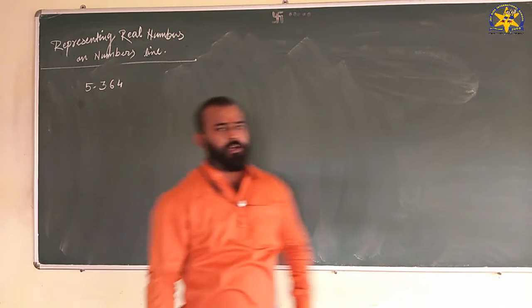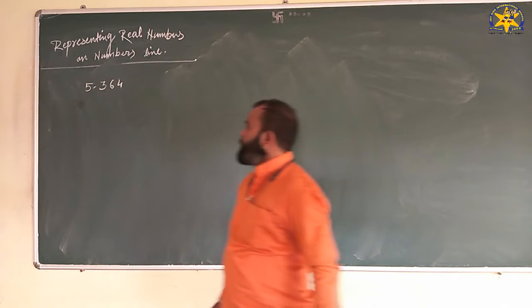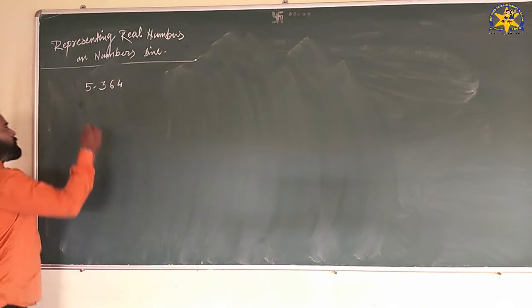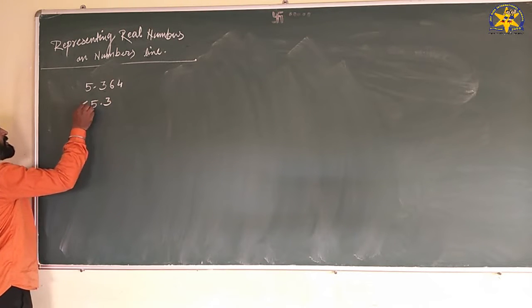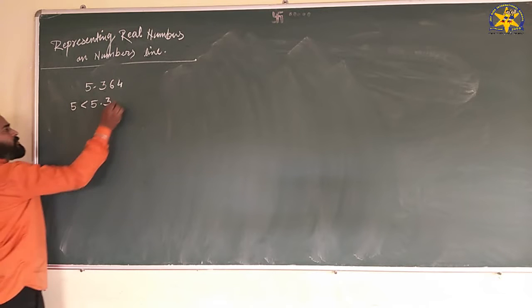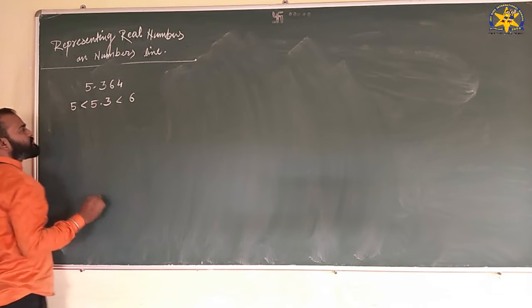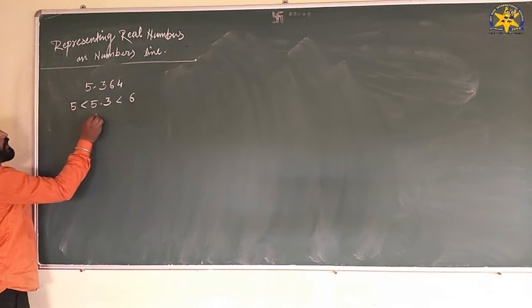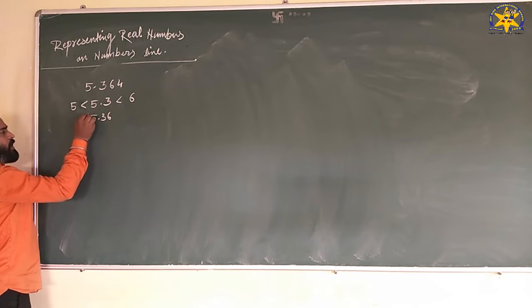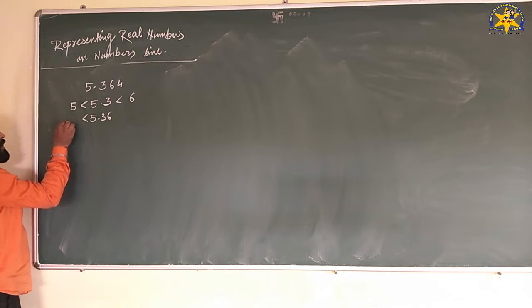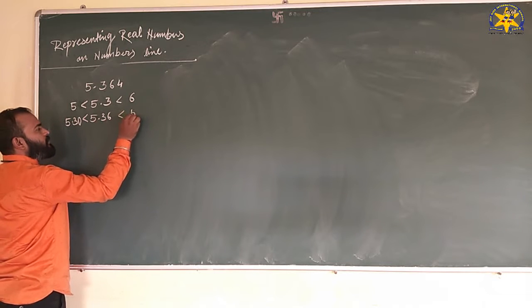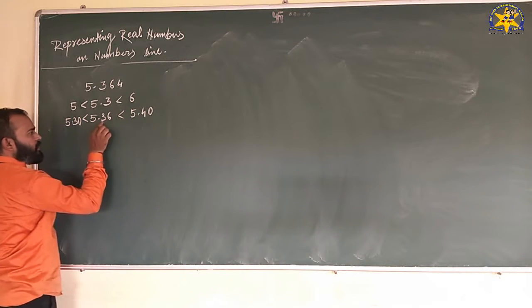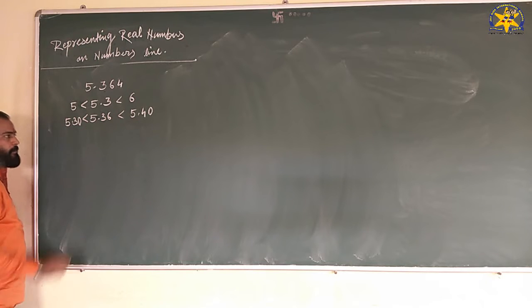Now how to represent 5.364 on the number line? We know that 5.3 is greater than 5 but less than 6. Then 5.36 is greater than 5.30 and less than 5.40. 36 lies between 30 and 40, okay.